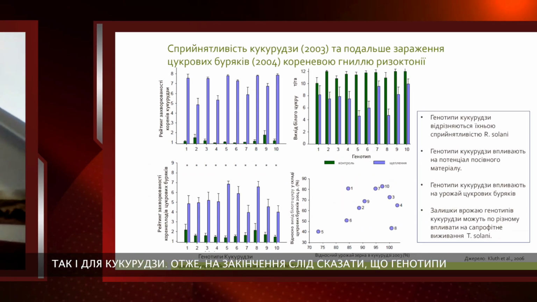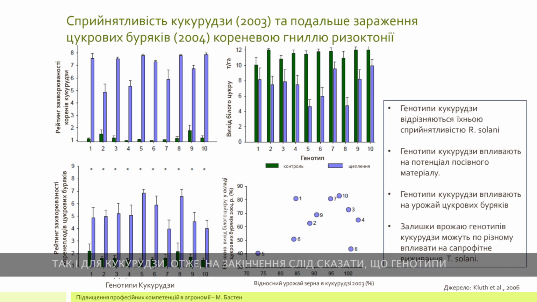yield in maize and sugar beet. So to conclude, maize genotypes differ in their susceptibility towards Rhizoctonia solani. That means they have different potential to accumulate inoculum, and this inoculum potential seems to affect also the maize varieties, and the maize genotype grown before sugar beet influences also the sugar beet crop.